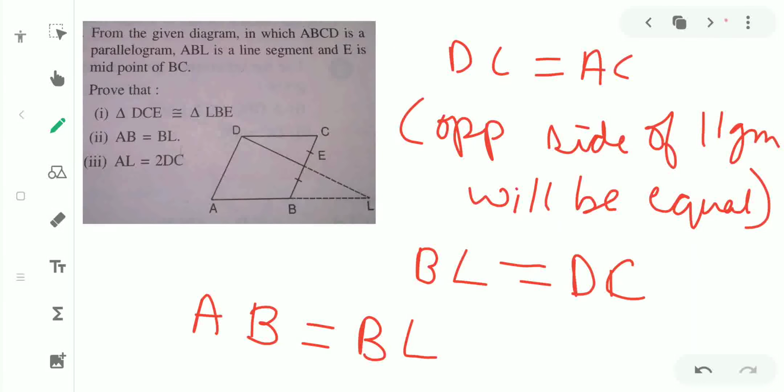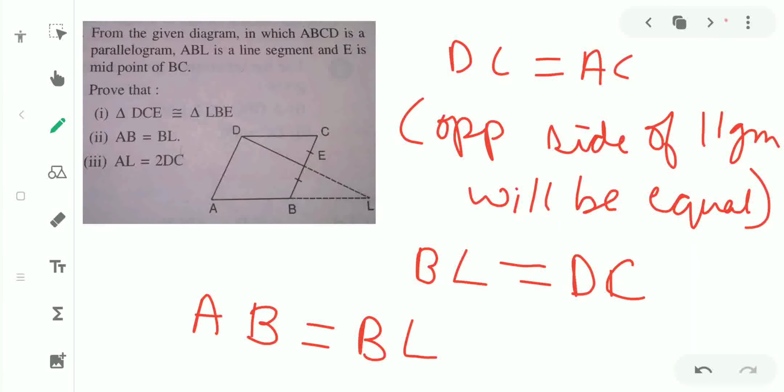So that's what I have written here. AL is equal to AB plus BL. So I hope the idea is clear till now. And we'll have another one also.